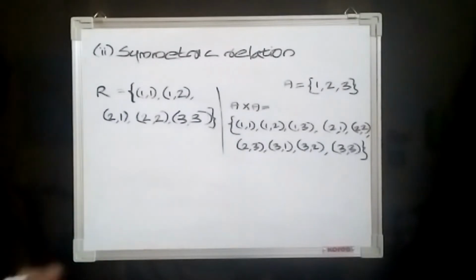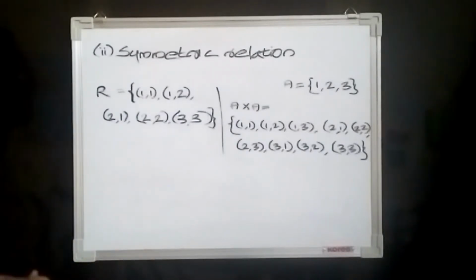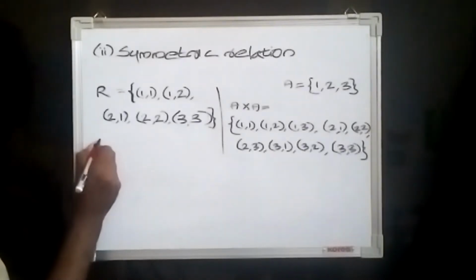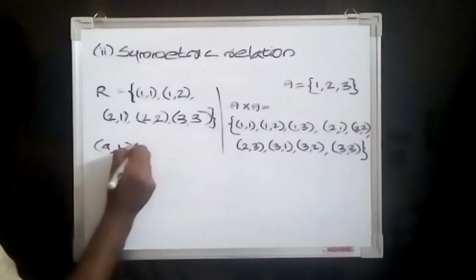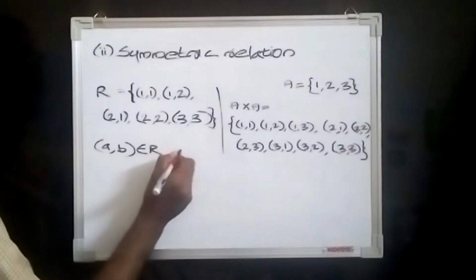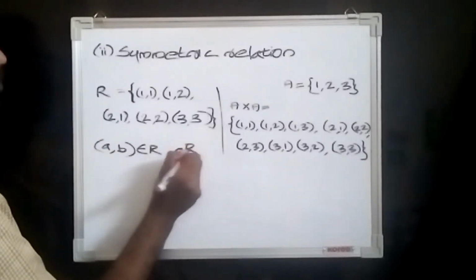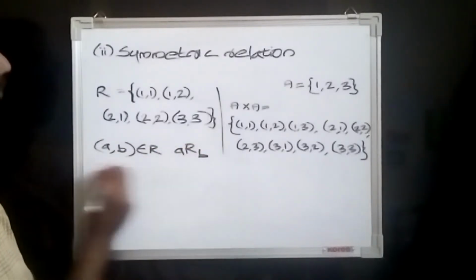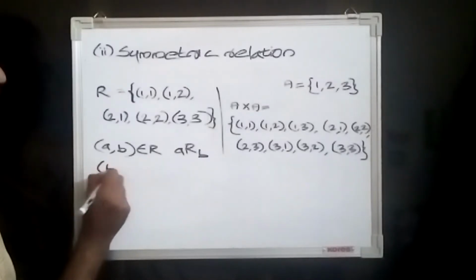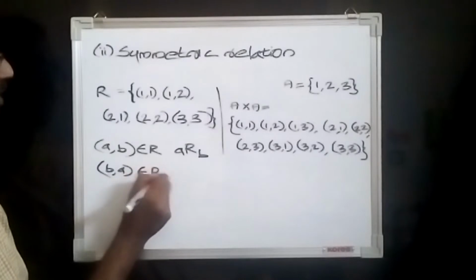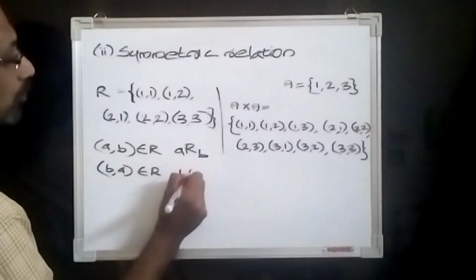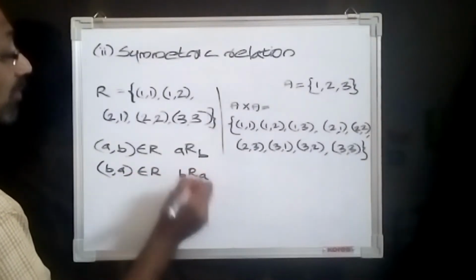By definition, a relation R in the set A is said to be a symmetric relation if whenever (a, b) belongs to R, or whenever a is related to b, then (b, a) should belong to R. That is, b should be related to a.